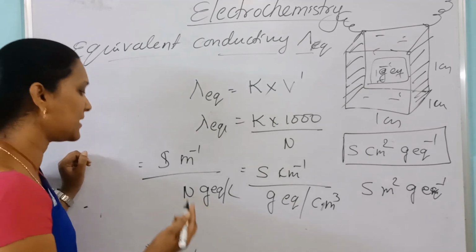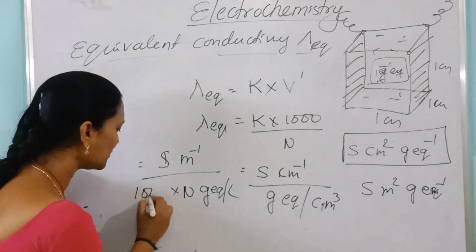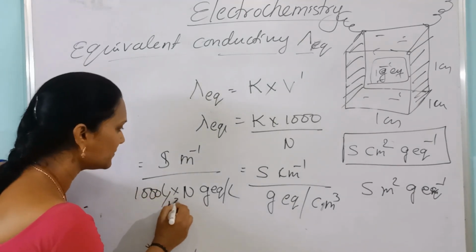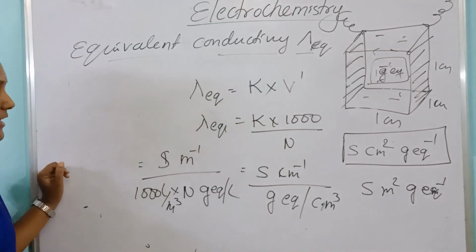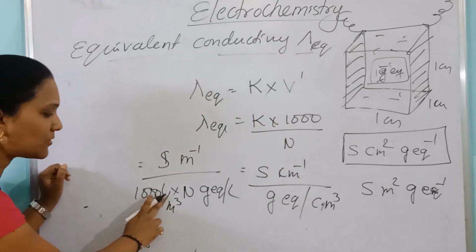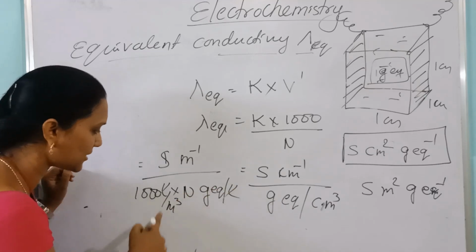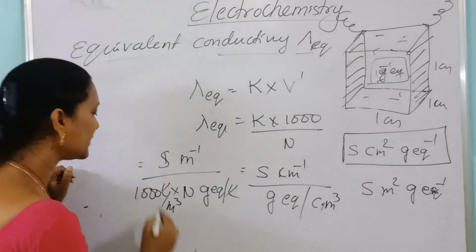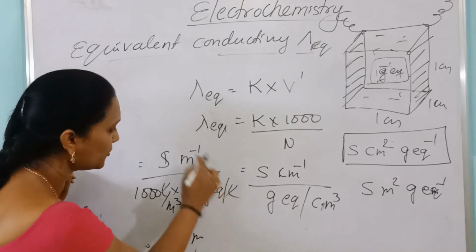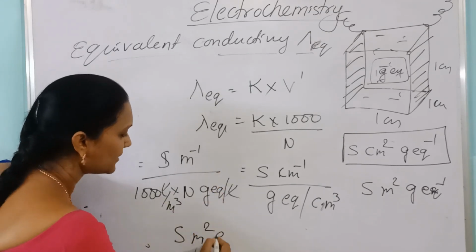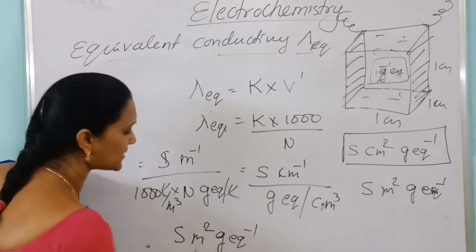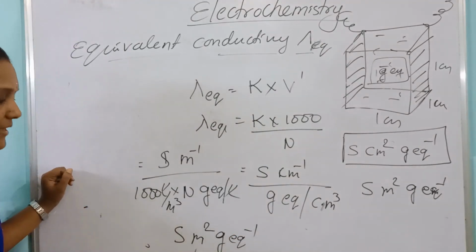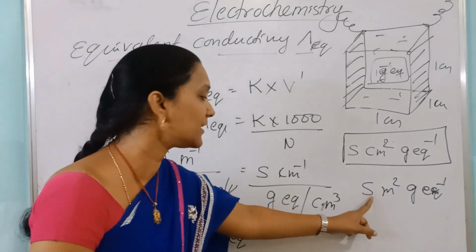We want it in meters, so we multiply by 1000 liter per meter cube. Liter cancels out. Now it is gram equivalent per meter cube. So now the units we are getting are Siemens meter cube, which we shift here: Siemens meter square gram equivalent inverse.